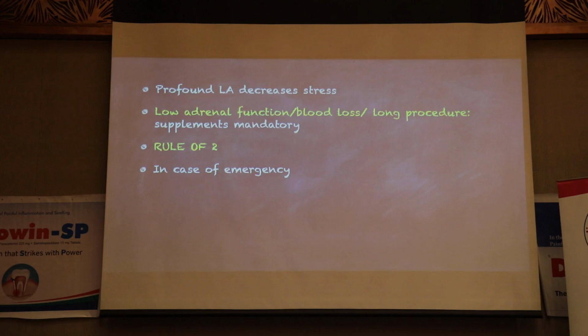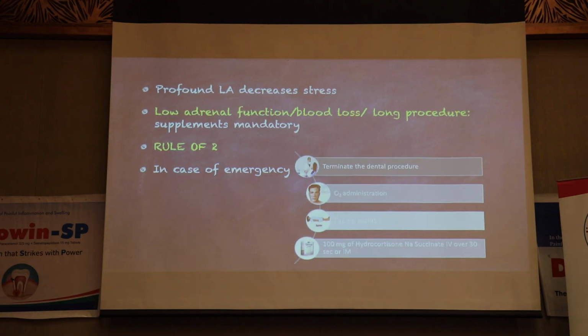Now, with low adrenal function, blood loss or a long procedure, supplements are mandatory. We need to give mandatory steroid supplements if there is going to be a long procedure or a lot of blood loss. The next thing is the rule of 2.